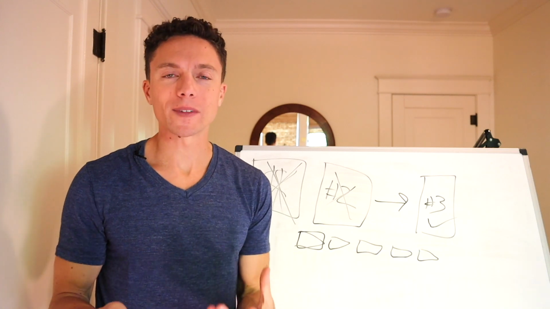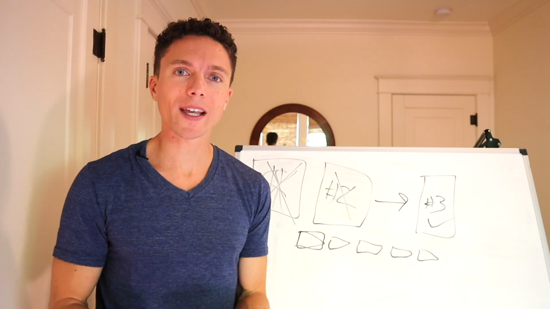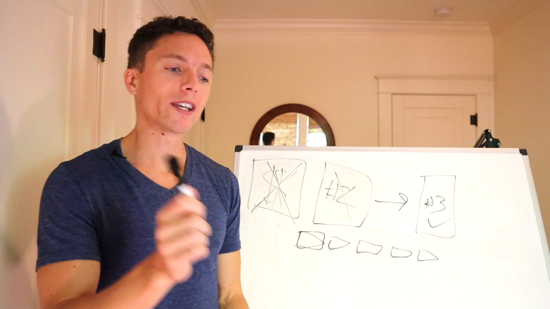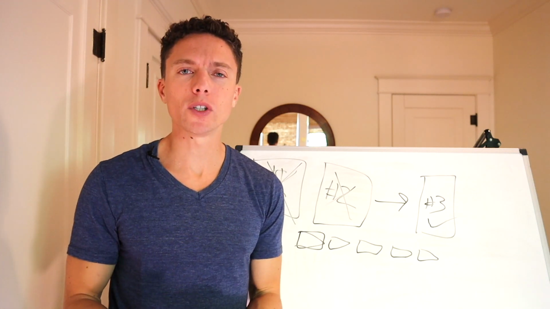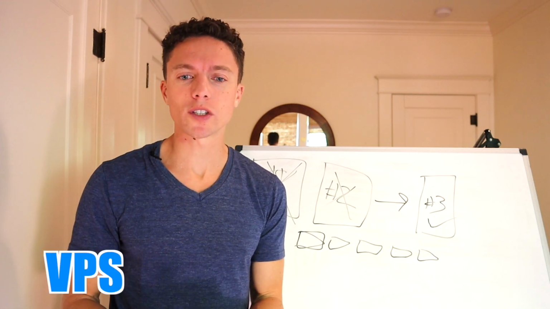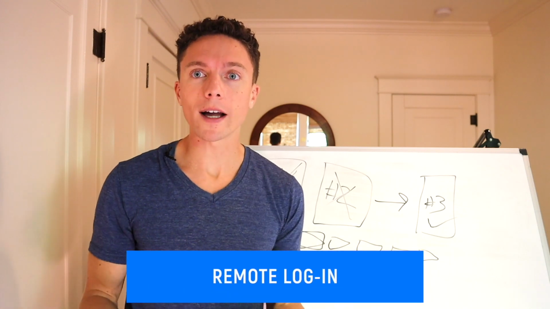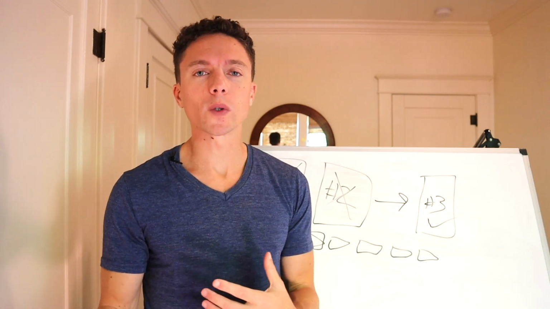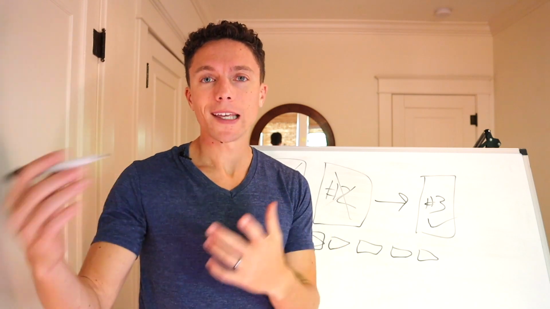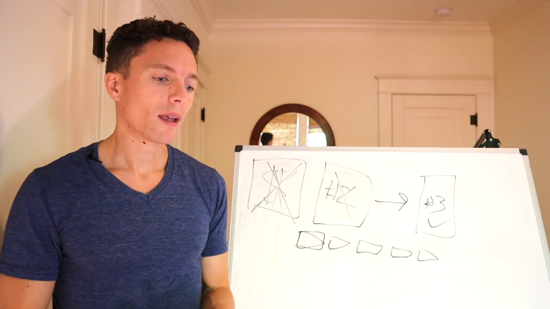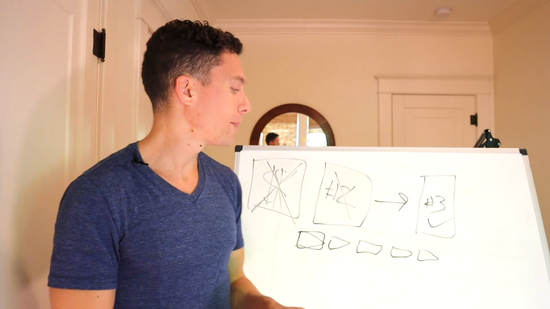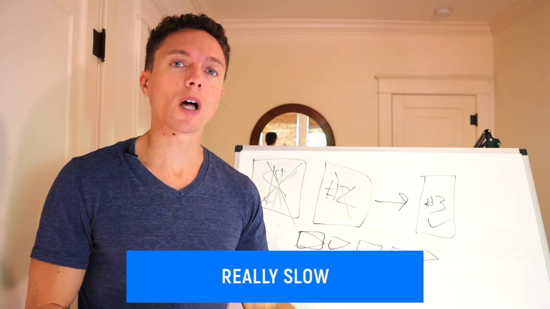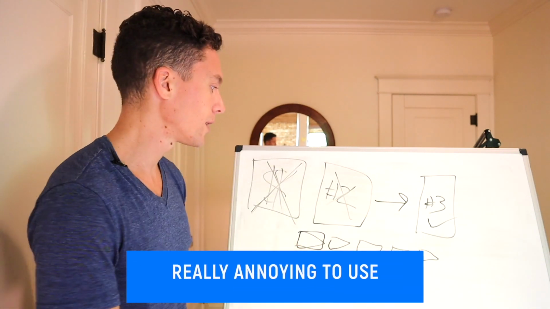The mechanisms that we use to run our stealth accounts were really slow. What I used to recommend is that people use something called a VPS, which is basically a remote login, where you log into a remote server and run your eBay account inside that remote server. That definitely works, but we found it to be really slow and really annoying to use.